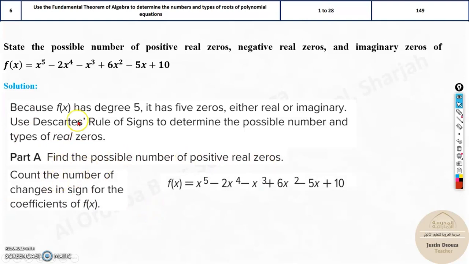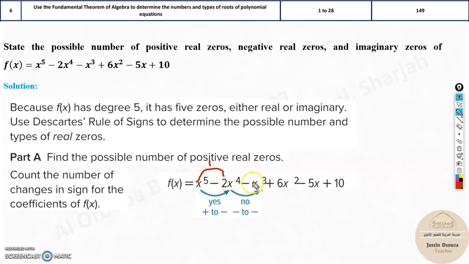First of all, you need to count the sign changes. How many times does it change its sign? It's positive at the beginning, right? x to the power 5 is positive. It's one sign change. From positive it became negative over here, so plus to minus is 1. Then it's the same, minus. Here there is no sign change.